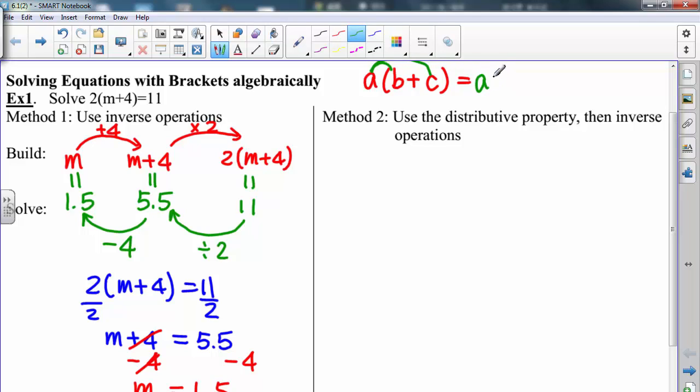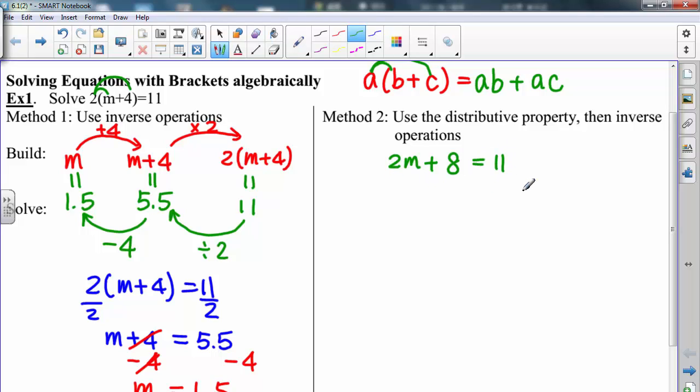So we will get a times b plus a times c. In the second method, I will use the distributive property to remove the brackets first. 2 times m, 2 times 4. 2 times m is 2m. Plus 2 times 4 is 8, equals 11.